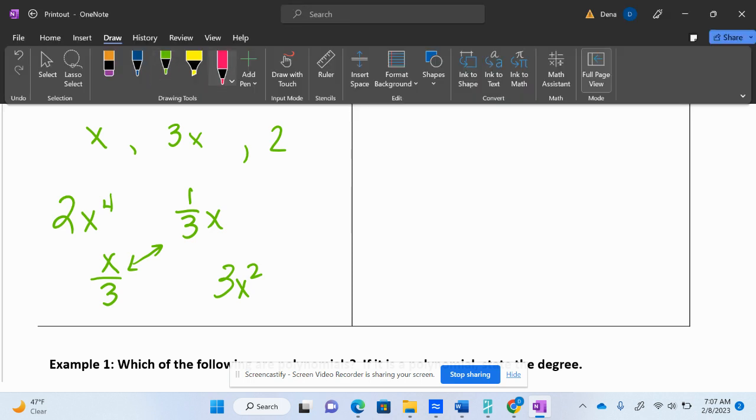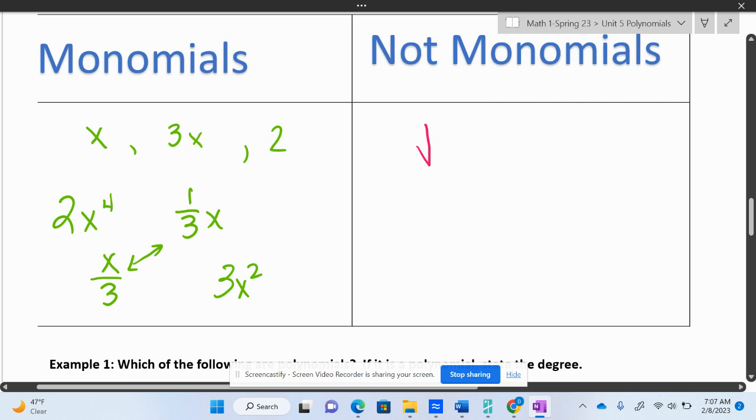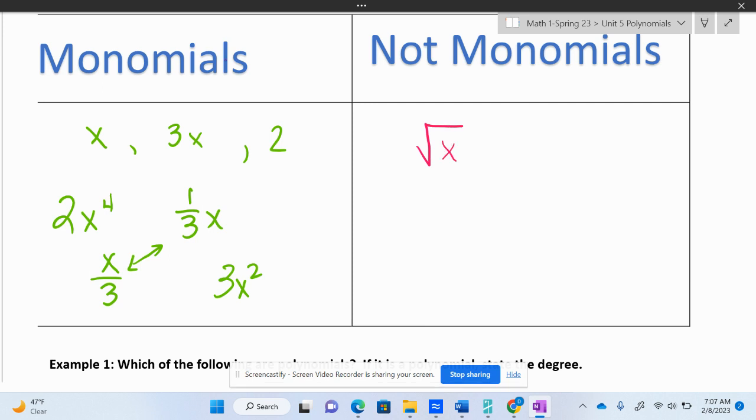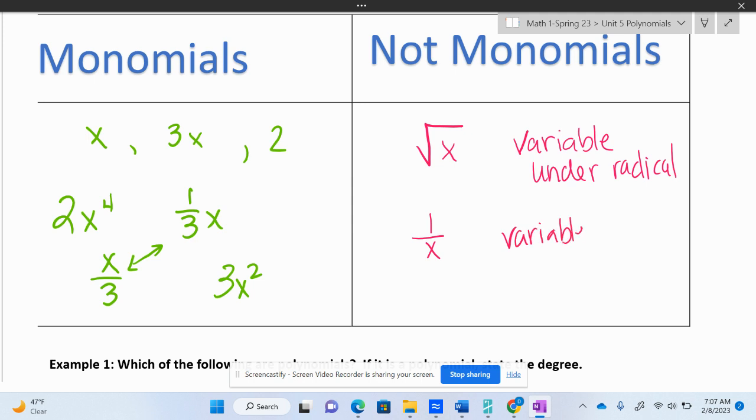Things that are not monomials: when you have a variable underneath a radical. So you have the variable under the radical. That is not a monomial. If you have the variable in the denominator, that is not a monomial.